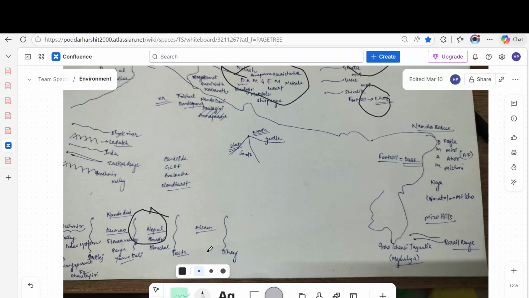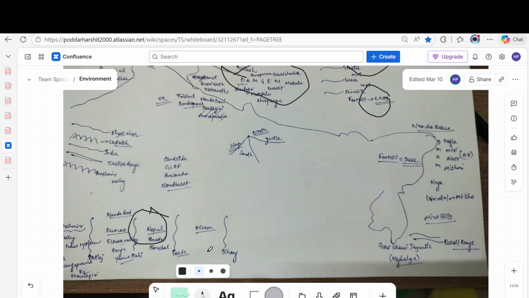The Assam and Nepal Himalaya contain a lot of high peaks. Kathmandu Valley is there. In the Assam Himalaya, we have peaks like Namcha Barwa.